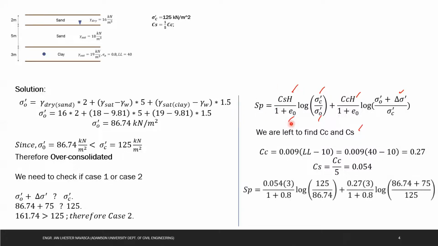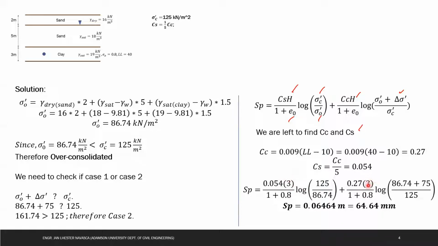So we have this equation. So Sp, or the primary settlement, is equivalent to 0.06464 meter, or 64.64 millimeters. Take note that our H, the value of H, is in meters.